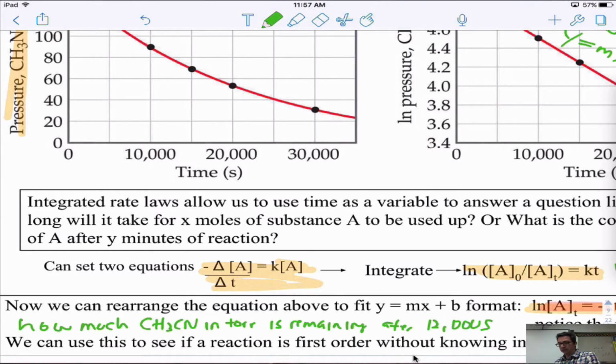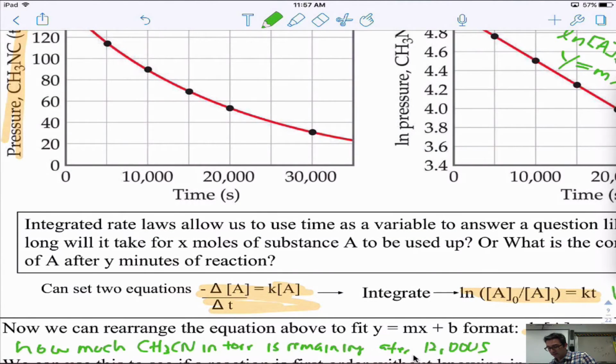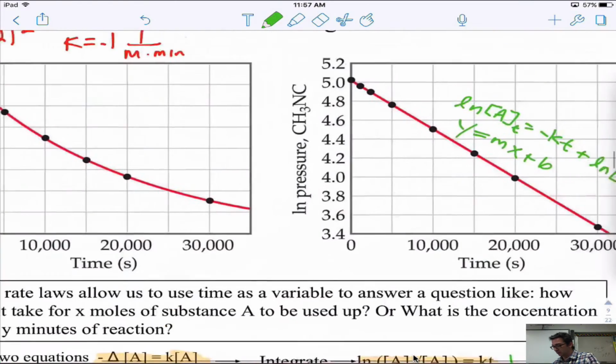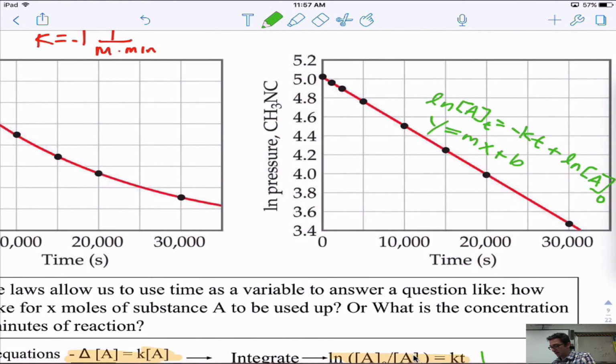If I try to do this with the curved line up here, I'd have to find where 12,000 seconds was, and it'd be difficult, and I'd then have to figure out how much of the pressure was left there. If I use the integrated one over here, I have my ln of A at time 0. I don't know that, so that's my ln of x equals negative kt.